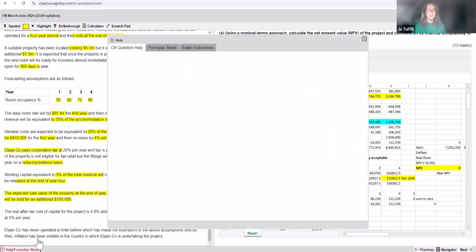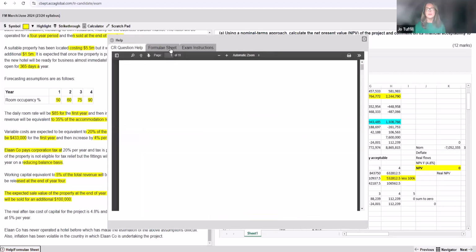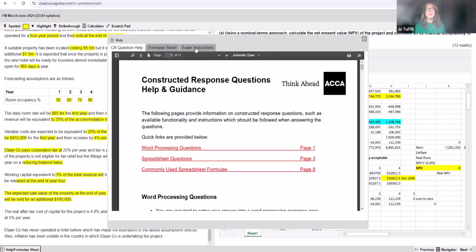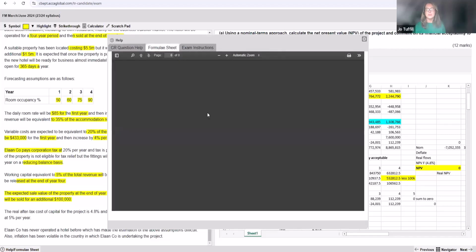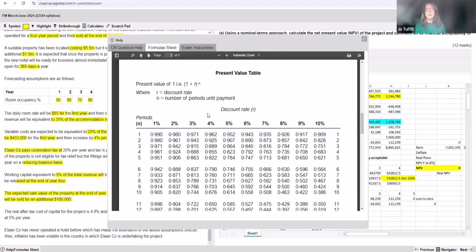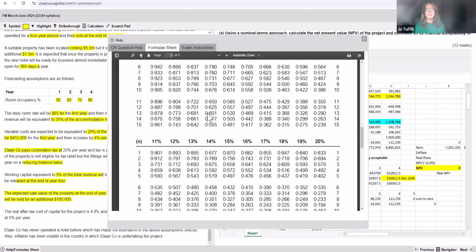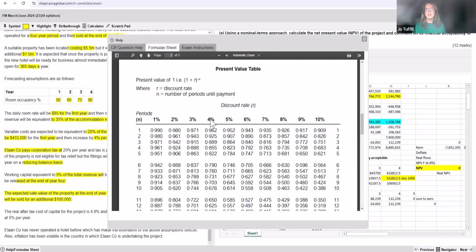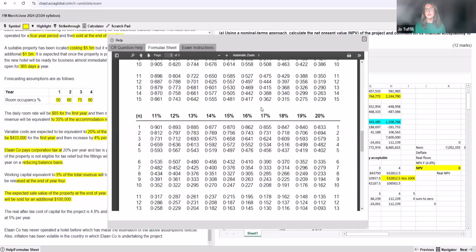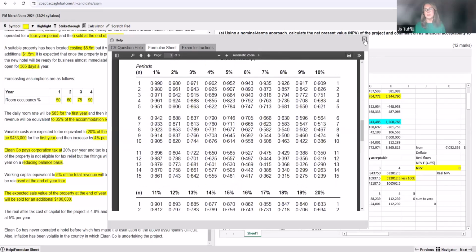So you can use the tables, which are here. I just think it's much quicker to use the formula sheet. It's much quicker to use either the formula in the cell or the net present value formula to do this, okay, in a spreadsheet.